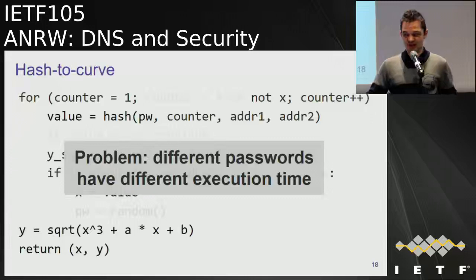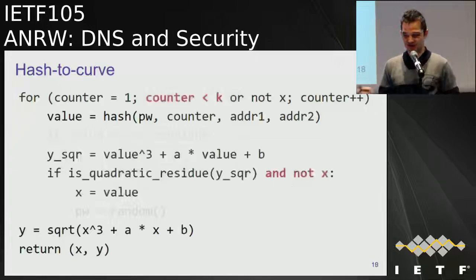Now, luckily, in the case of elliptic curves, they listened to the warnings and they included a suggested defense of always executing k iterations, no matter when the password was found. And in practice, they generally use a value of k equal to 40. So no matter when the password is found, you're always executing 40 iterations.